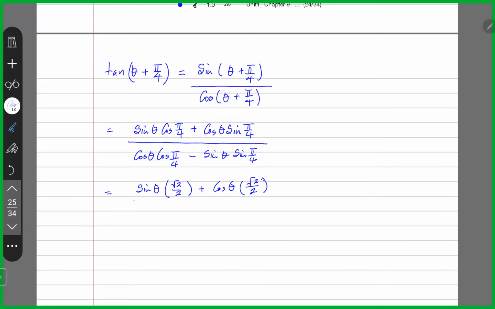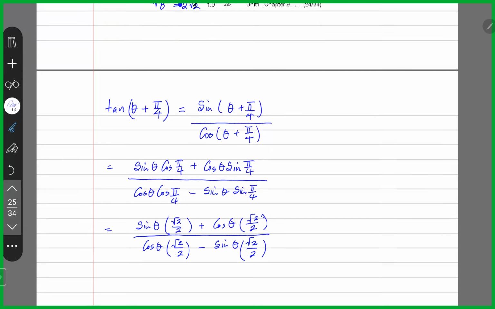Down in the denominator, I have the cosine of theta, root 2 over 2, minus the sine of theta, root 2 over 2.